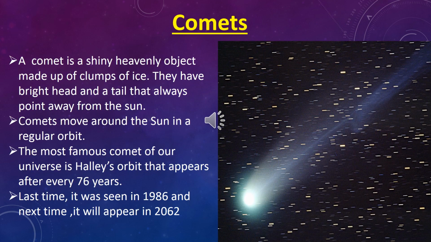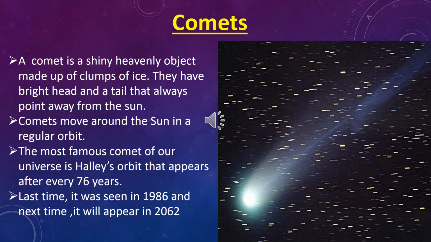Next is comets. A comet is a shiny heavenly object made up of clumps of ice. Clumps means chunks, pieces, big pieces. They have a bright head and a tail that always points away from the sun. The luminous tail is visible only when the comet's orbit passes close to the sun. Comets move around the sun in a regular orbit, which means they have a path on which they move.